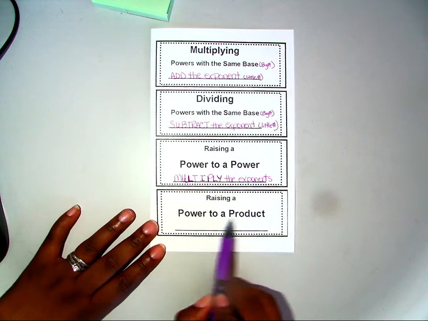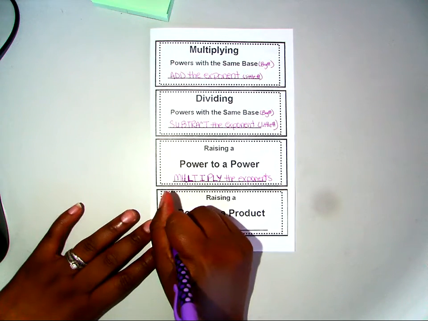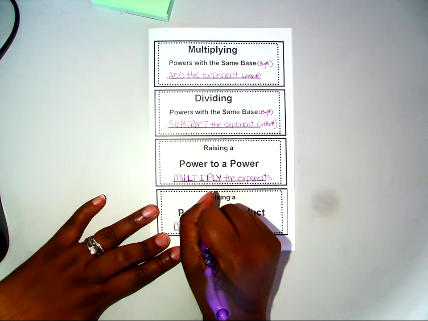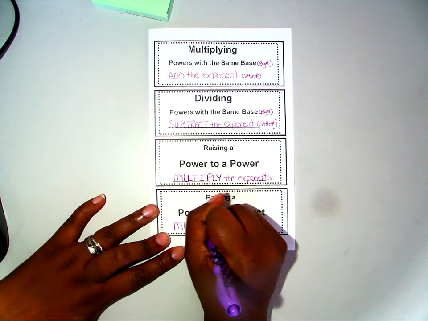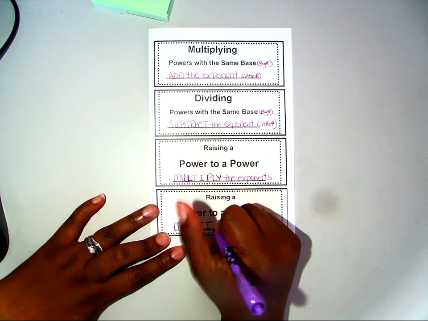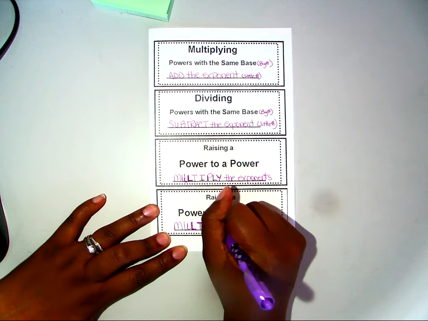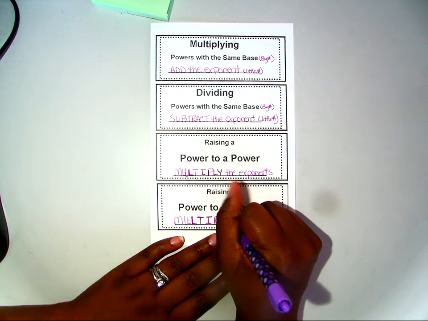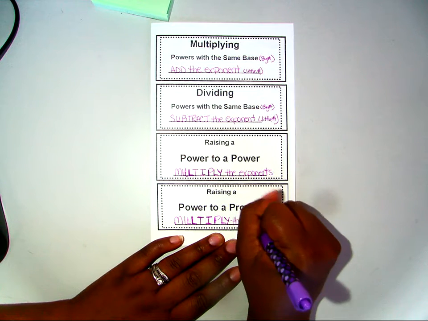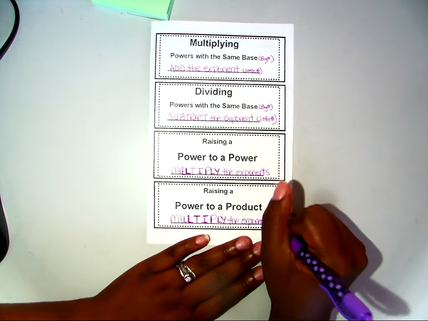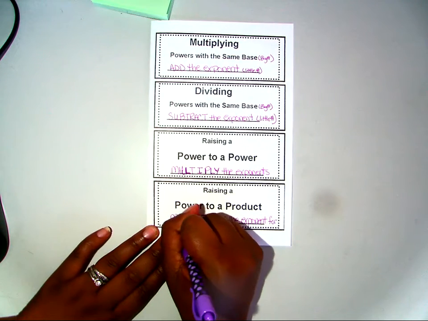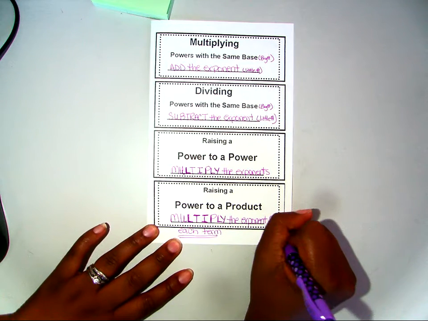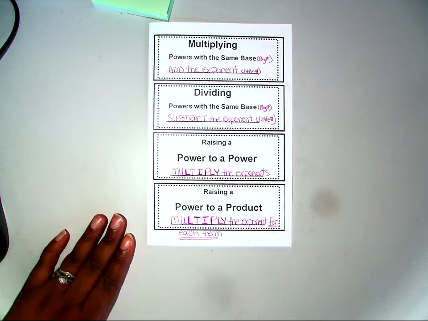And the power to a product, you are multiplying the exponent for each term. Very important. Multiply the exponent for each term.